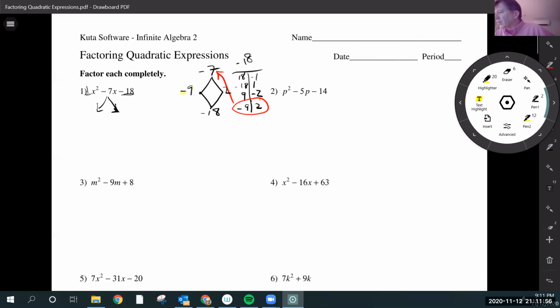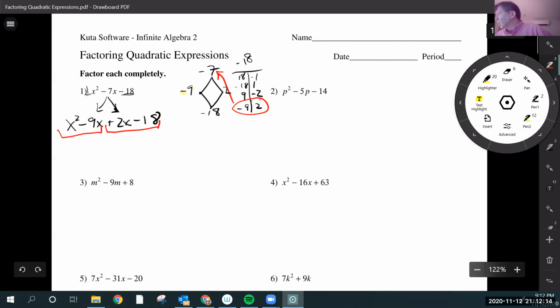So I can rewrite this as x squared minus 9x plus 2x minus 18. And now I'm set to do factoring by grouping, and I group my first two terms and my last two terms. So when I factor by grouping now, what's common in my first terms is an x, and I'm left with an x minus 9. And out of my second group, my goal is to leave behind an x minus 9.